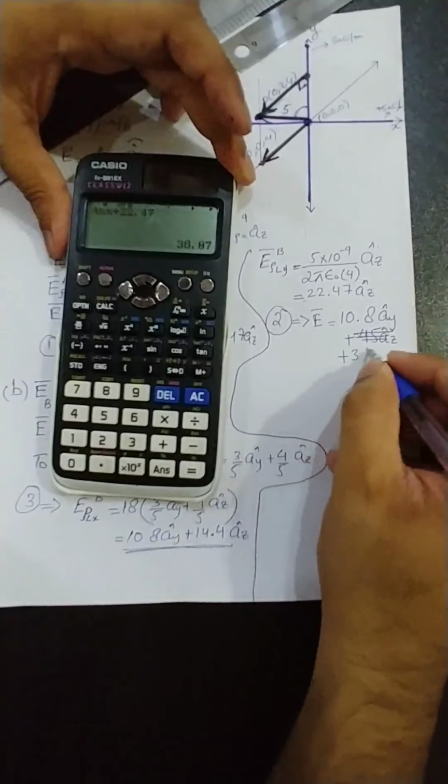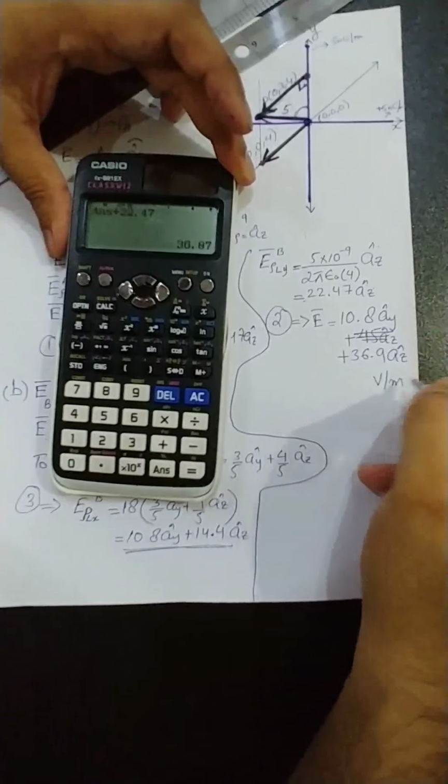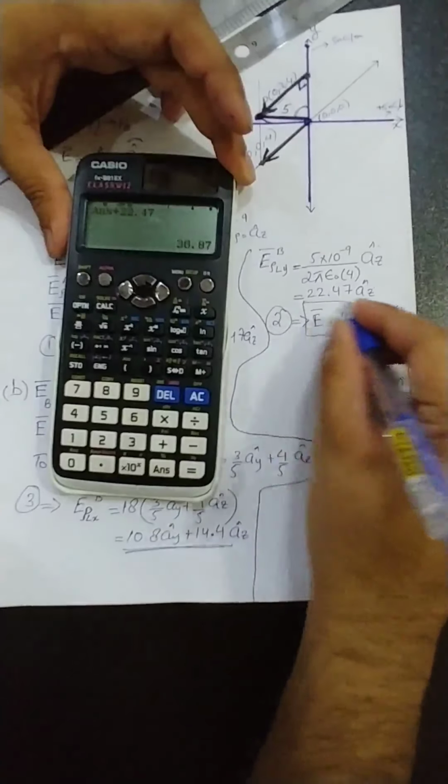So 36.9 az, this much volts per meter. So this will give us the answer.